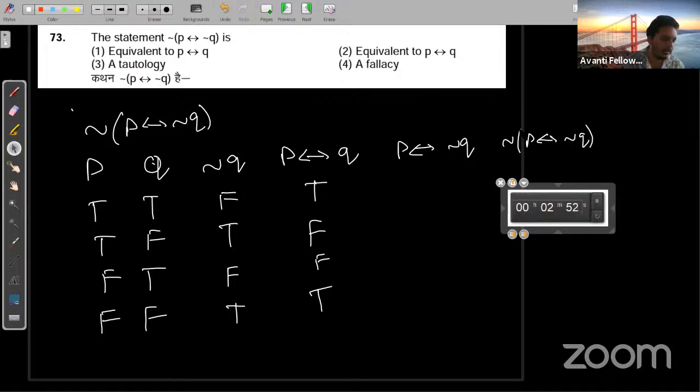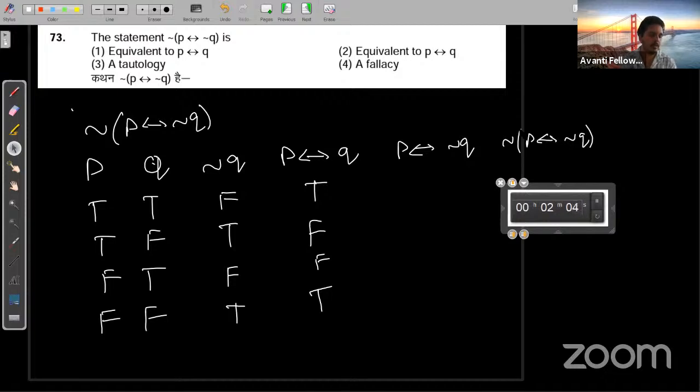Last 3 minutes left. Last 2 minutes left.